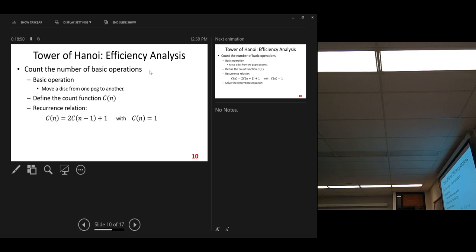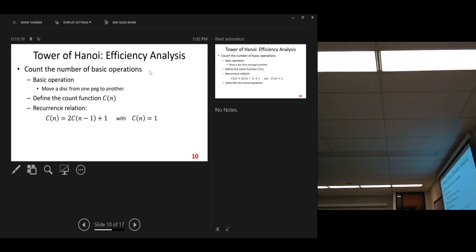Look at this. In order to get the number of moves for number of disks n, we need to solve a problem of one fewer size twice. So that's why 2 times C of size n minus 1. And an extra move: the bottom disk, one move.